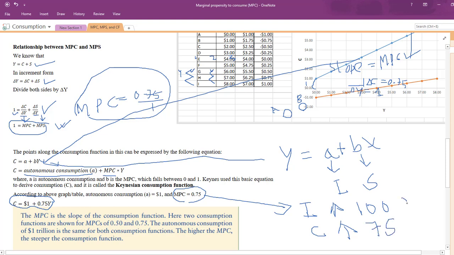When income increases by 200, consumption increases by 150. The name of this equation is the consumption function, or also the Keynesian consumption function.